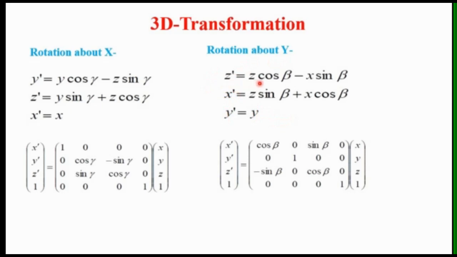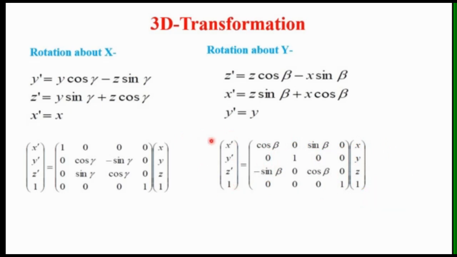So z dash will become z into cos of beta minus x into sin beta, and x dash is equal to z into sin beta plus x into cos beta, where beta is the angle of rotation by which we rotated the object. So the final coordinates x dash, y dash, z dash are obtained by multiplying this transformation matrix, with cos of beta 0 sine of beta 0, by the original matrix x, y, z, 1.